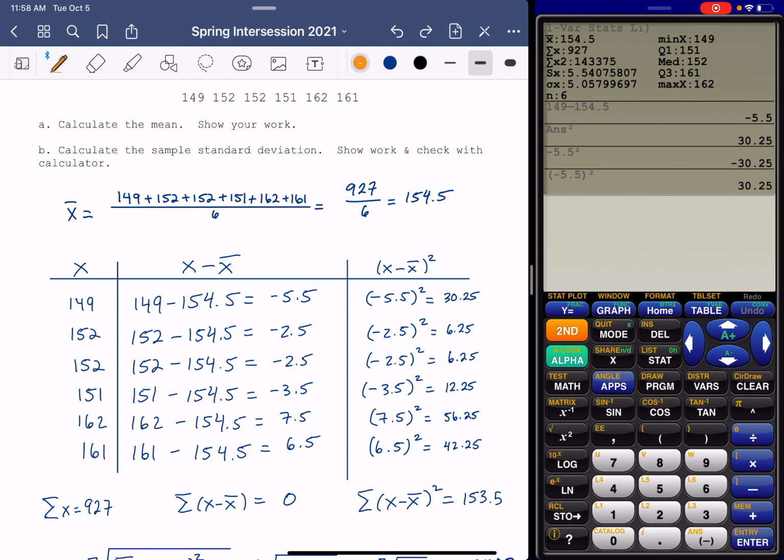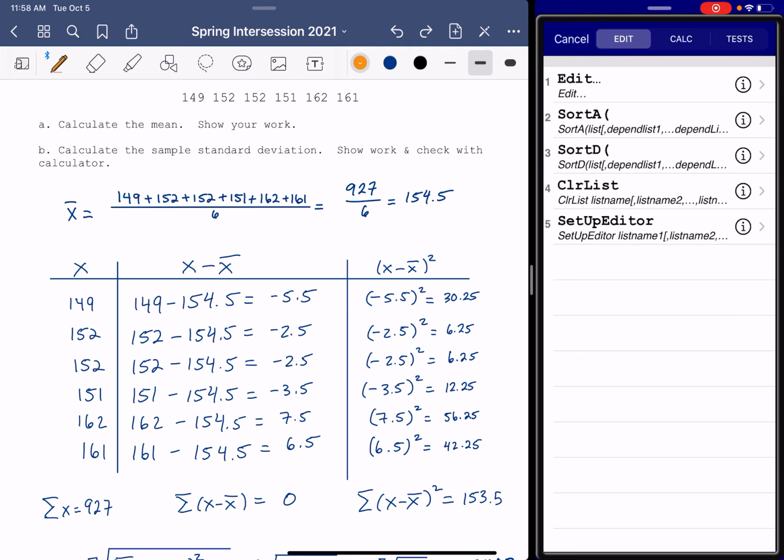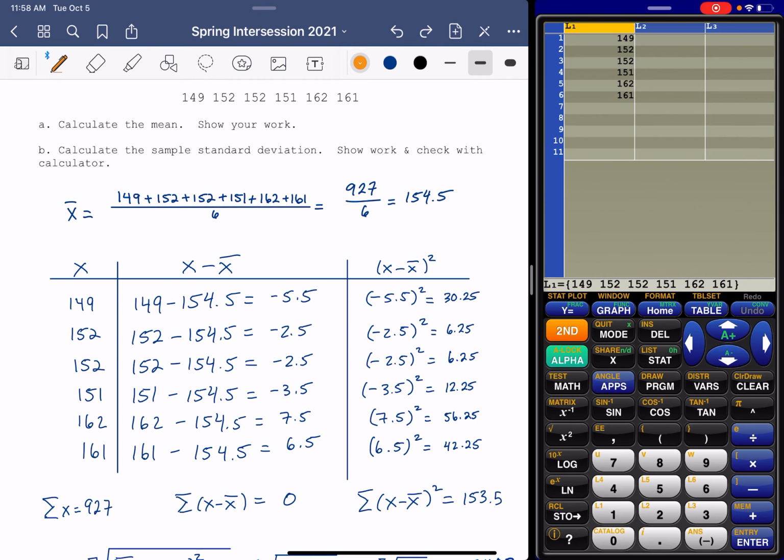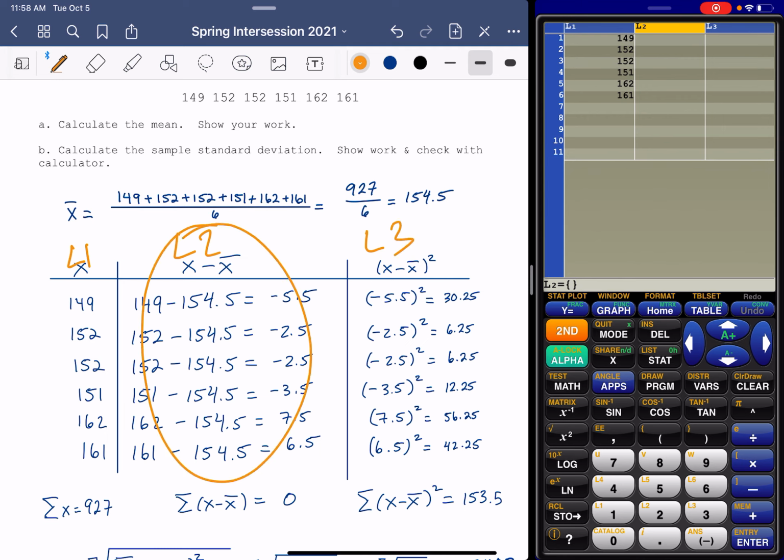You're going to go to stat, you're going to go to edit, and now what we're going to do is we're going to look at the columns. Over here, you have L1, L2, L3. We're going to focus on L2, and what we're going to do is in the middle over here, right? Look over here. You'll see that you have L2 equals some brackets.